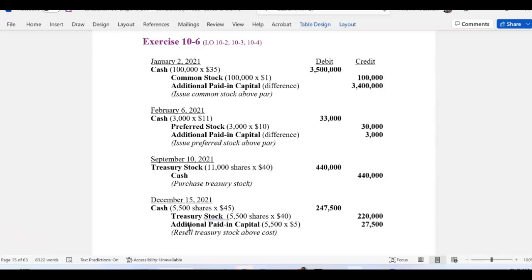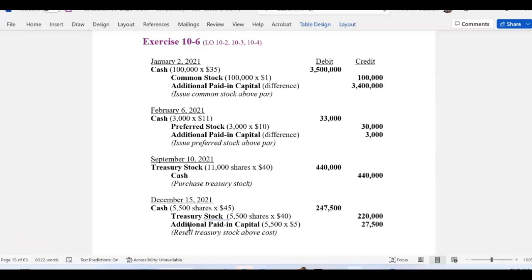It's very important to have that dash treasury stock as a separate T account so you can easily identify where that additional paid in capital is coming from. Is it coming from treasury stock? Is it coming from preferred stock or common stock?